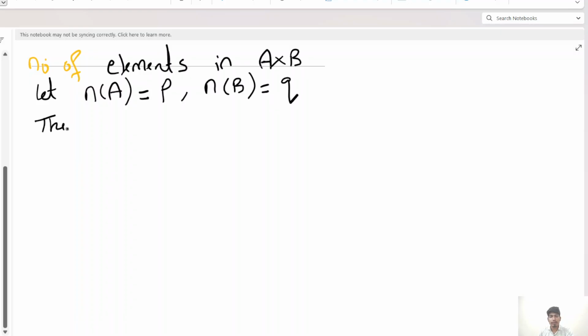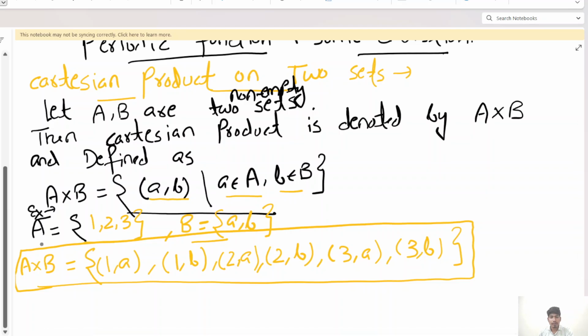Then the number of elements in A cross B is p into q. In the previous slide we can see the number of elements in A is 3 and in B is 2.